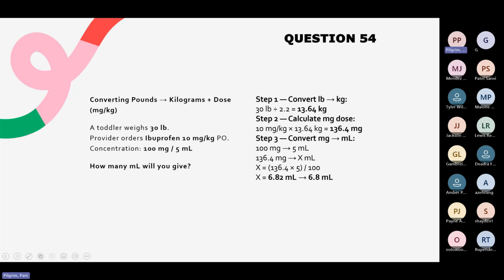So you're going to take the 136.4, multiply it by 5, and divide it by 100, and you get 6.82 milliliters. And when you round that to the tenth, you're going to be at 6.8 mLs. So good job. The correct dose is 6.8 mLs.